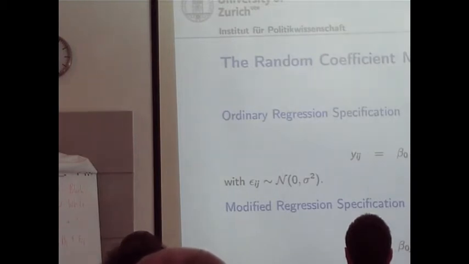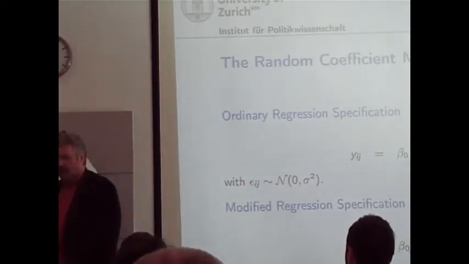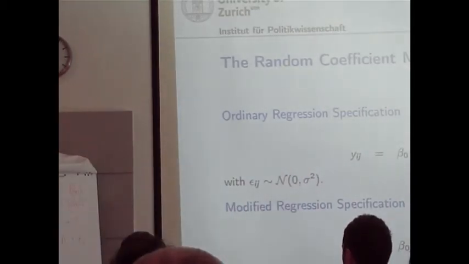And that is then my level 1 model: Yij is beta 0j plus beta 1j times the predictor plus epsilon ij. Now, that is a fairly straightforward extension of the random effects ANOVA.